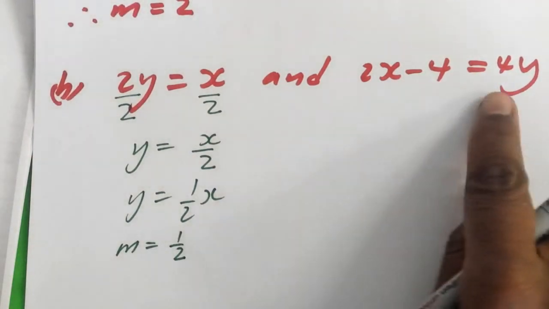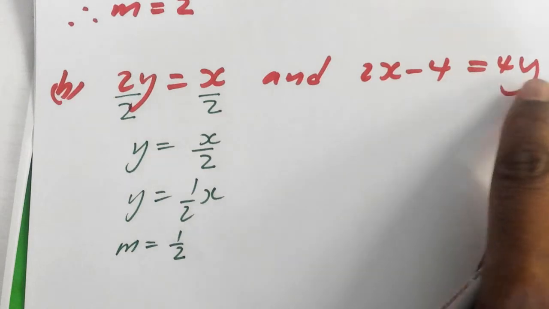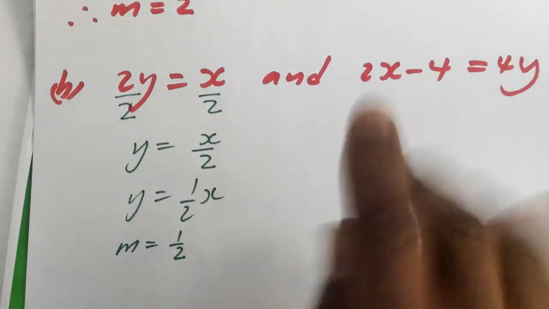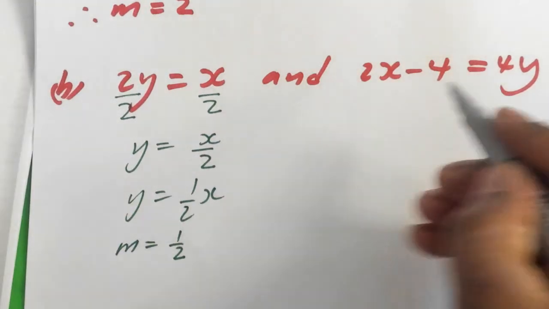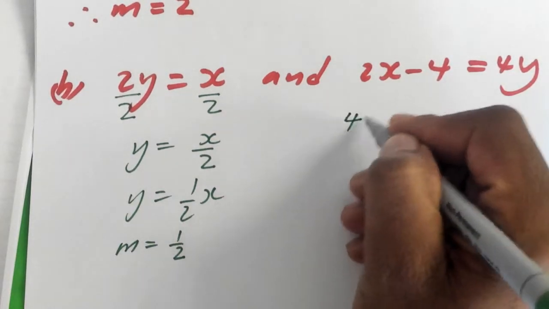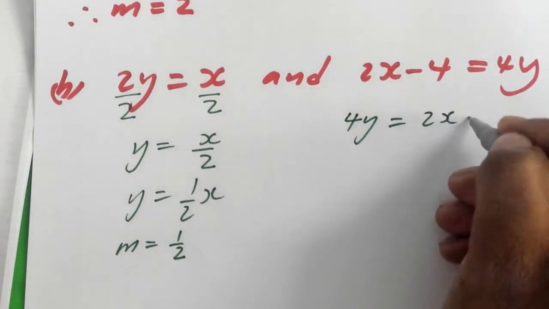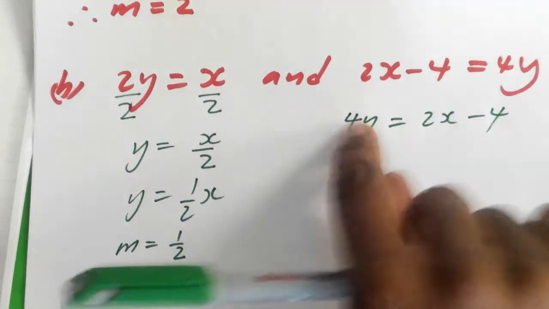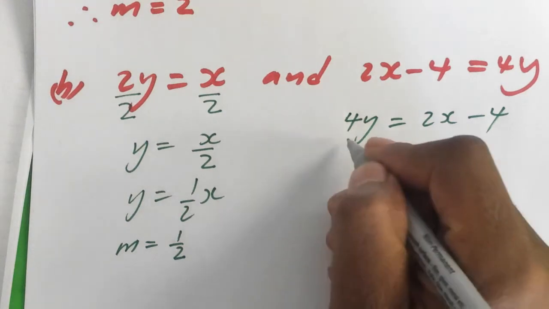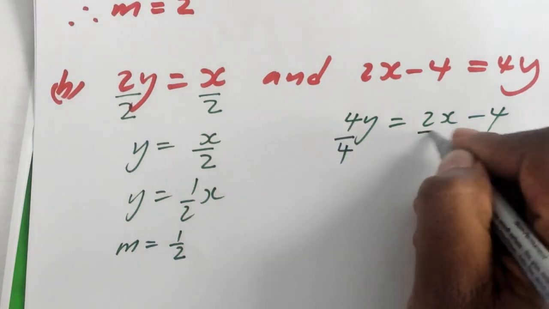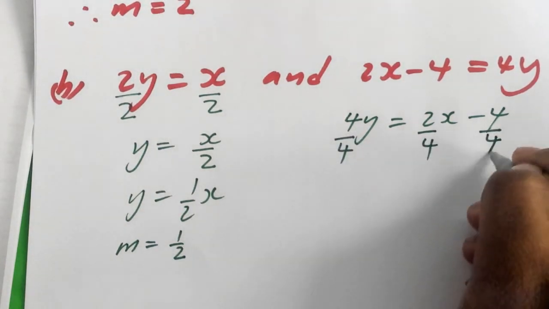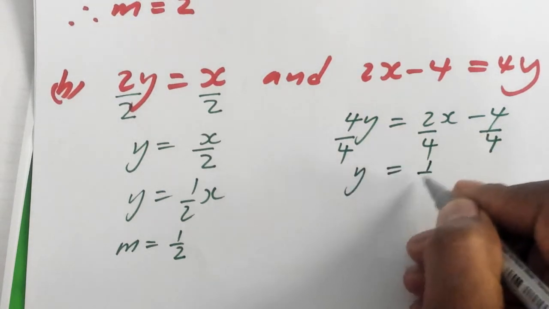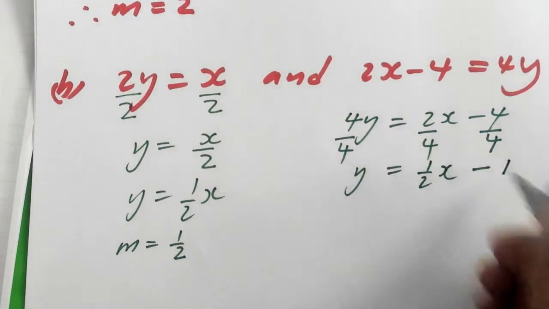What about the second one? Okay, y is already that side. I like putting my y on the left hand side. So y equals 2x minus 4 over 4. I don't have to change anything. If a equals b, therefore b equals a. Here I can just divide by 4. Therefore I have y equals 2 over 4, which is half x, minus 1.